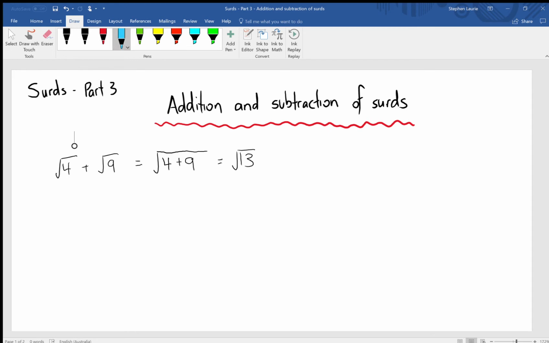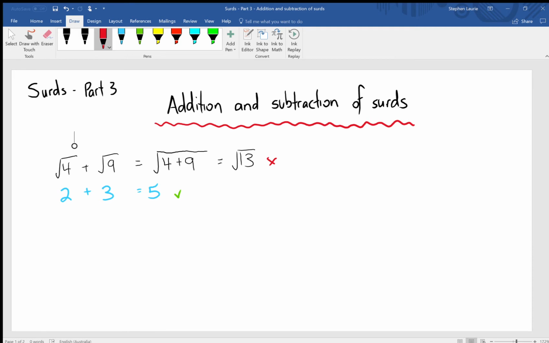Well, let's have a little think. What is the square root of 4? That's 2. What is the square root of 9? That's 3. So really, our answer should be 5. Okay, that's correct, which means that's wrong.